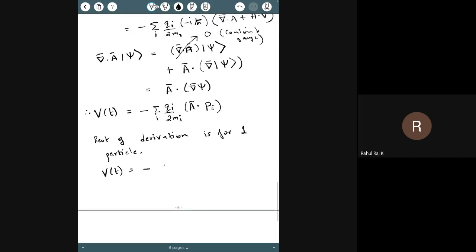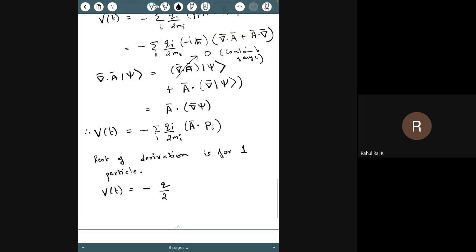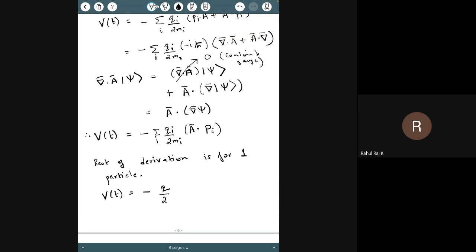Excuse me, ma'am. Yeah? That 2 will be there in the last V(t) equal to? No, sorry. No, there will, because there are two terms, right? So there is already A dot del over here. Yeah, the 2 will go away. You're right.